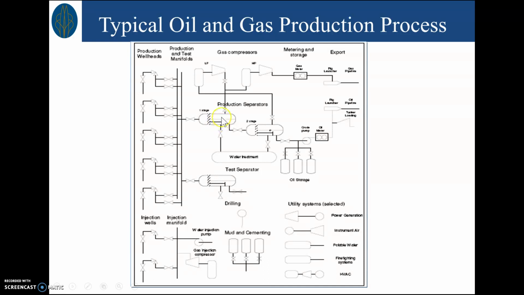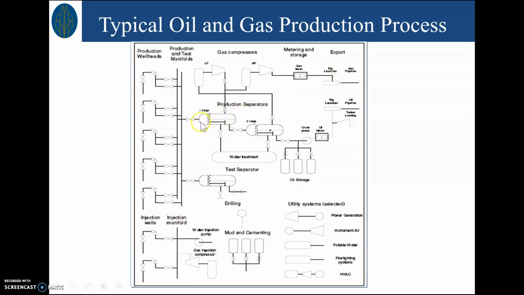The gas will flow upward into gas treatment facilities, and after conditioning or treating the gas, it will go straight into either a gas pipeline or directly to the end user.